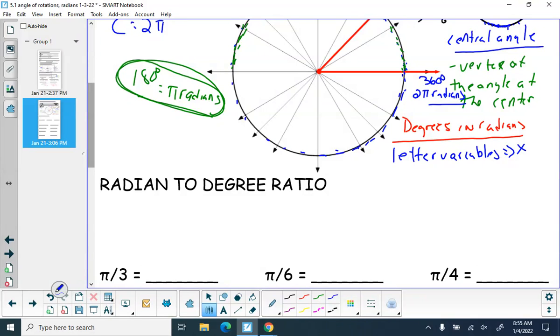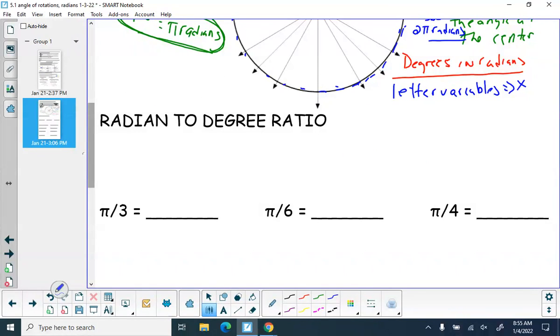When you're dealing with radians, you're going to be using x's or y's, typically x. A ratio that we can use to convert degrees to radians and radians back to degrees: pi over 180 will equal x number of radians over theta degrees. Theta goes with the 180 degrees, x goes with the pi radians.